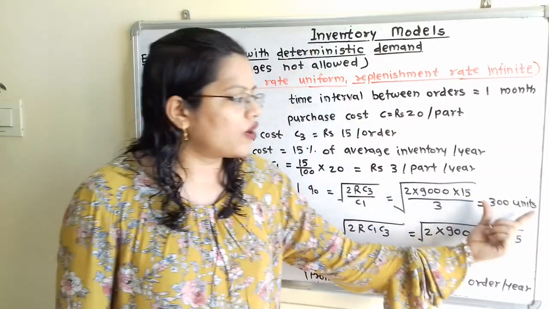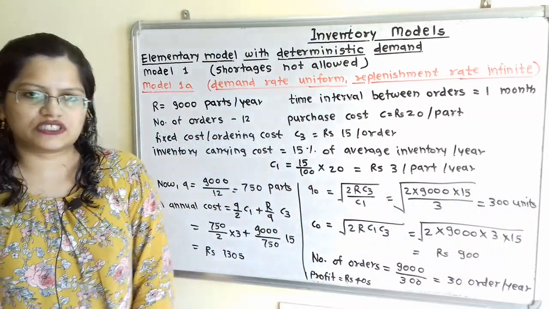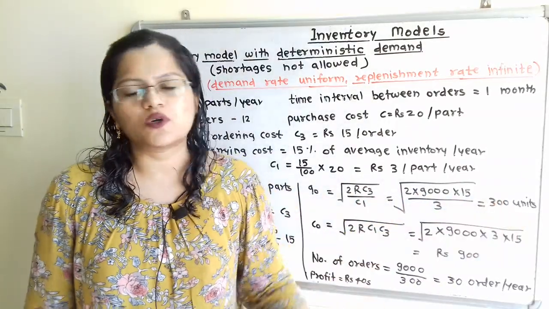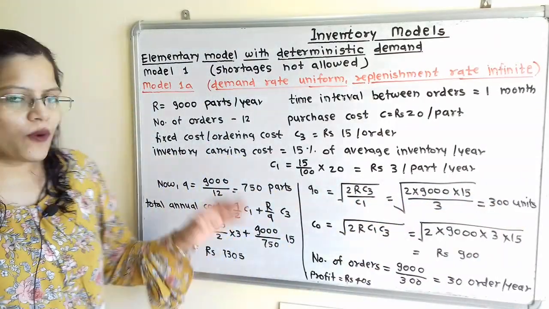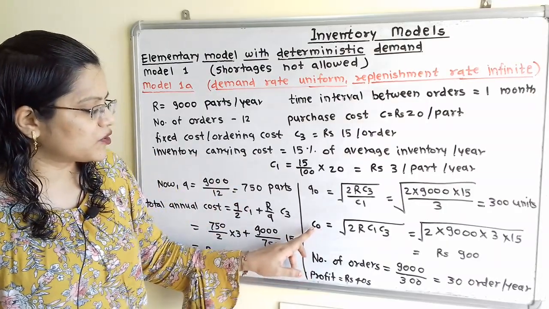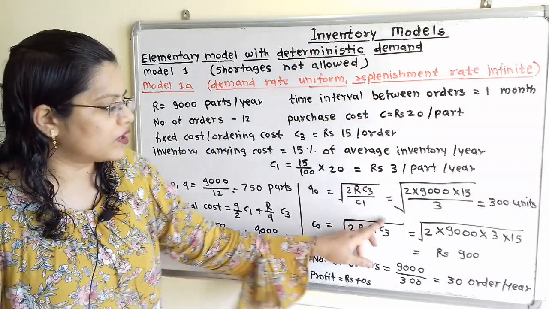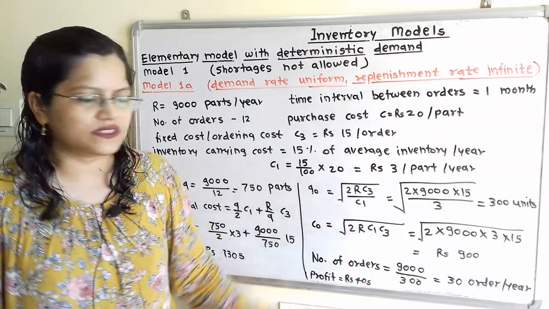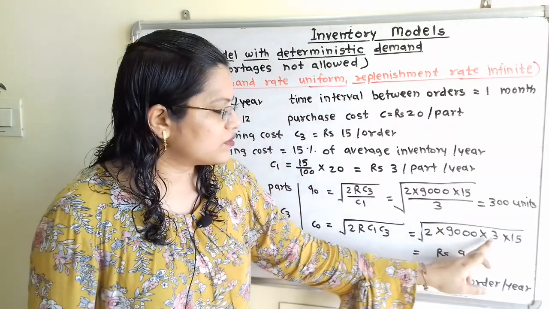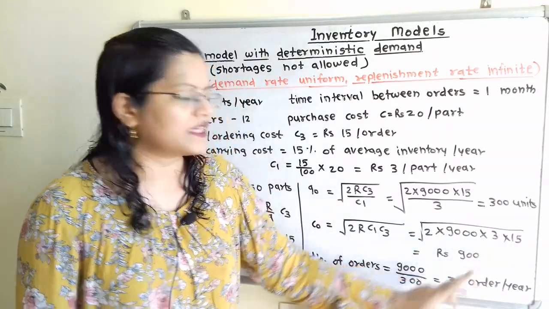So we have to order 300 units each time. Now to order 300 units, what is the total annual cost? The optimal total annual cost we calculate by this formula: C0 is equal to the square root of 2 R C1 C3. That is the square root of 2 into 9000 into 3 into 15, that is rupees 900.